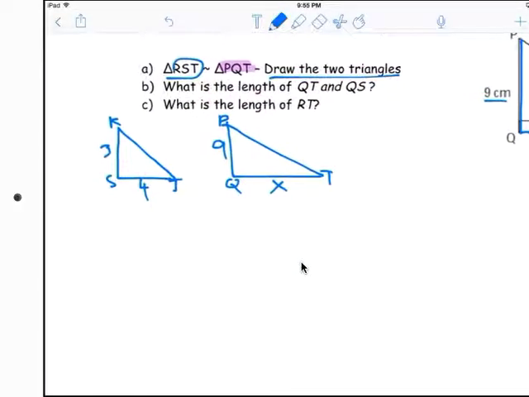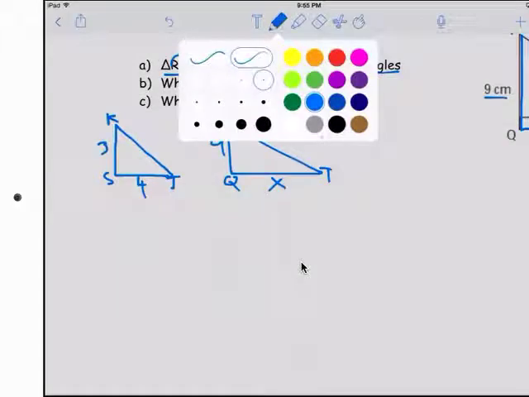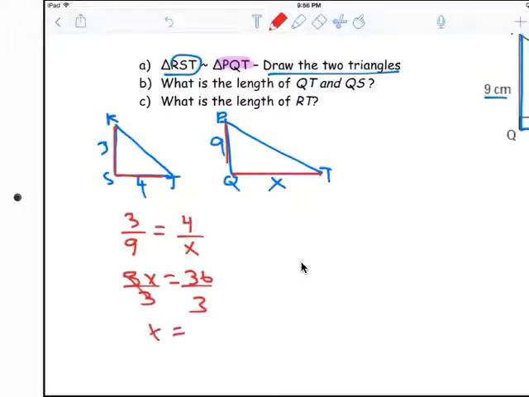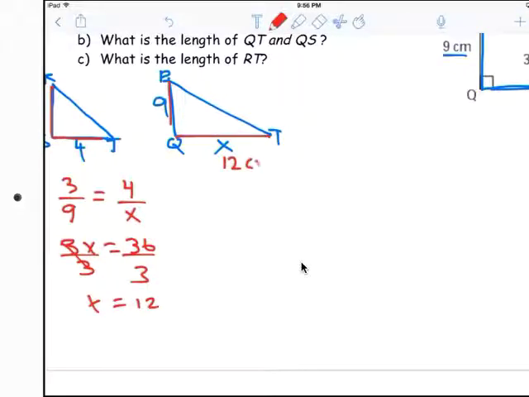So let's use corresponding sides. 3 corresponds to 9. 3 over 9 equals 4 corresponds to X. So 3x equals 36, divided by 3. Now x is 12. This is 12 centimeters.